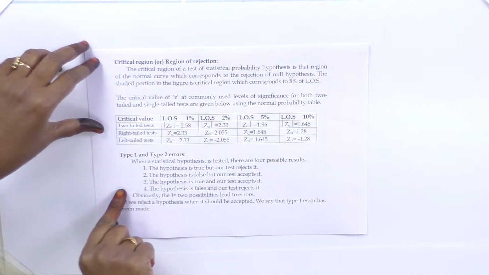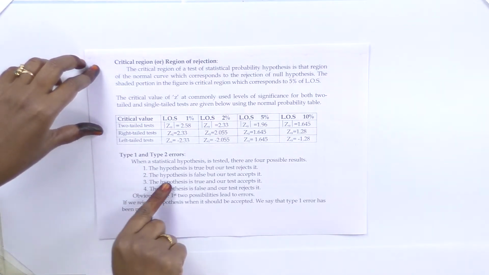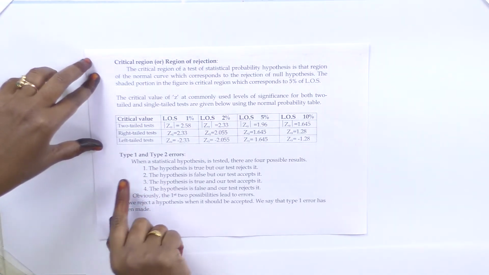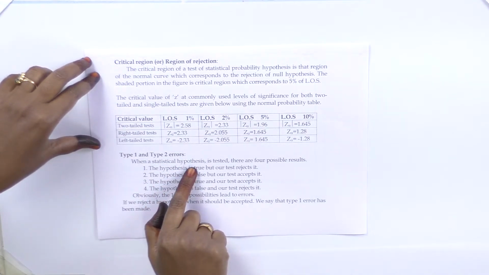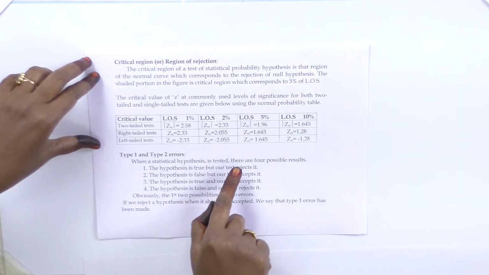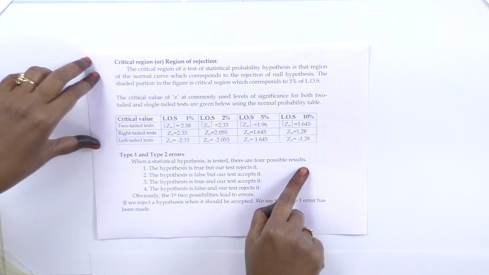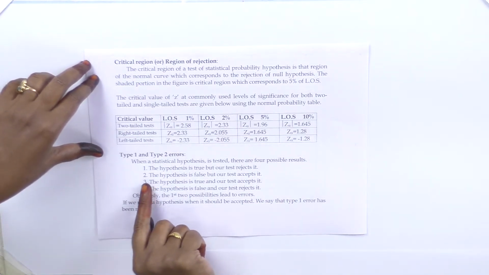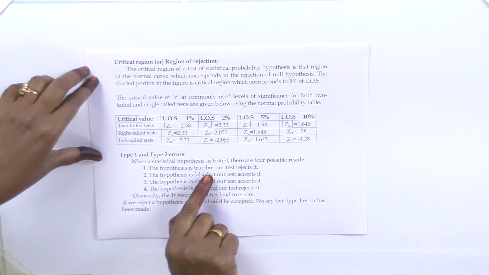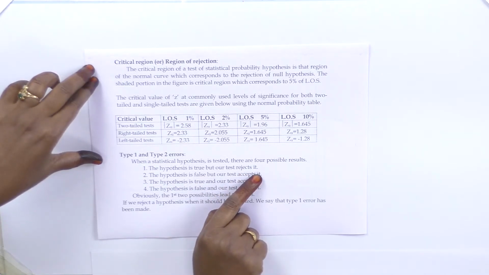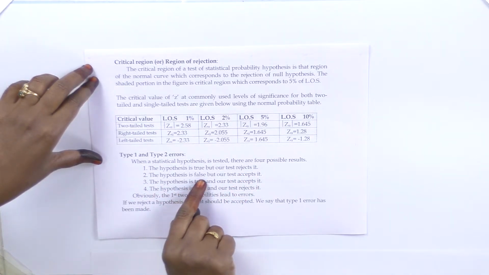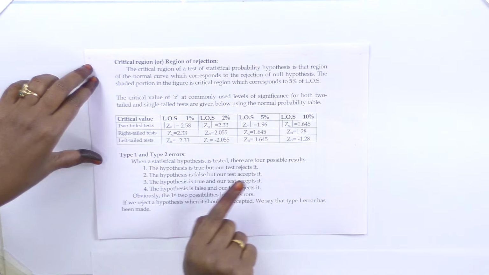We have two types of errors, type 1 and type 2 errors. When a statistical hypothesis is tested, there are four possible results. First, the hypothesis is true but our test rejects it. Second, the hypothesis is false but our test accepts it.